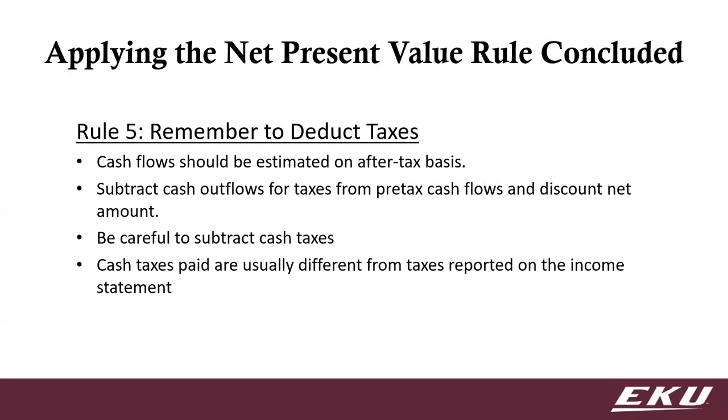Taxes will be important throughout this course, because they influence our decision, since some income will be sheltered from taxes due to some of our financing decisions. So we want to make sure that we're very careful about that.